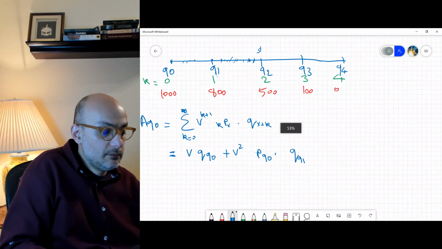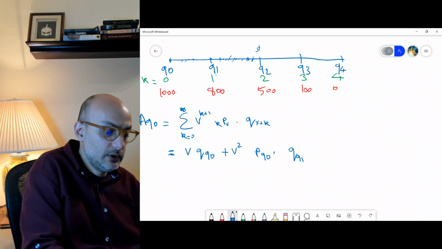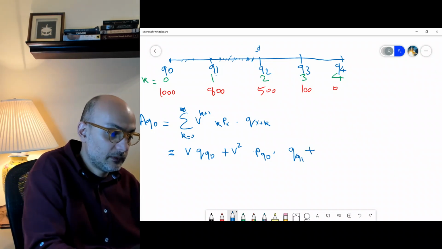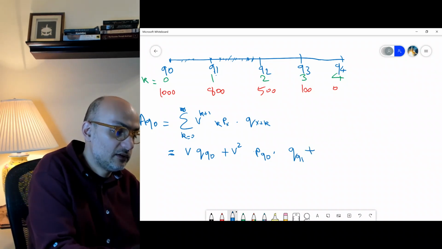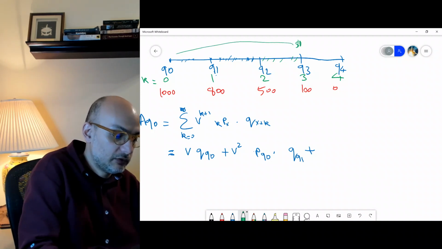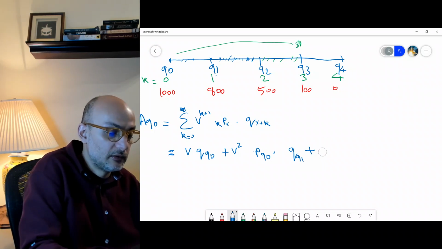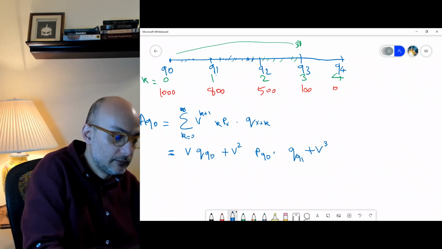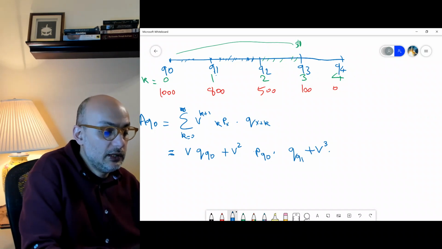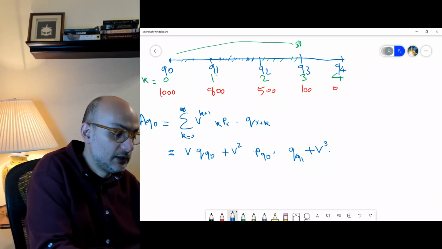And then we keep doing this, right? Now we add plus the case where death occurs here. If death occurs here, the dollar payment will be made here. To bring it back to time zero, we need v cubed, the discounted value. And then we need the individual to survive to here.